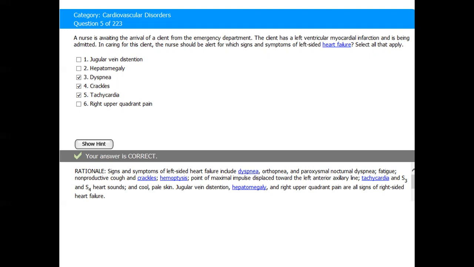Orthopnea means the patient develops blood pressure change or shortness of breath when they change posture or lie down. Paroxysmal nocturnal dyspnea means when the patient lies down on the bed during the night, they develop shortness of breath. Why? Because of the posturing, blood or fluid is retained in the lungs and causes shortness of breath.